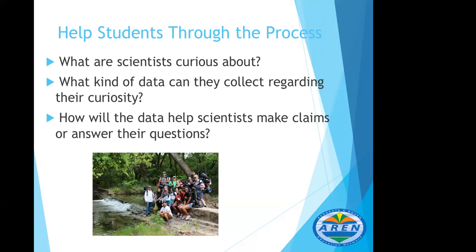And then one of the other tools that might be helpful is, how does data help scientists make claims or answer their questions? So if we can think about something that we're curious about, and then they think about, well, how can I collect some sort of data? And then will that data really help me draw some sort of conclusion, which would be answering my question?